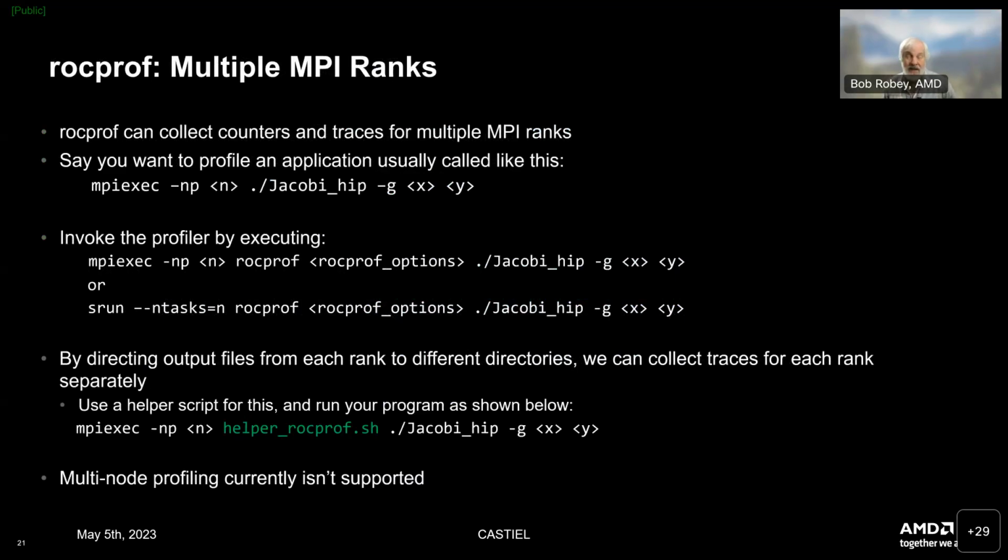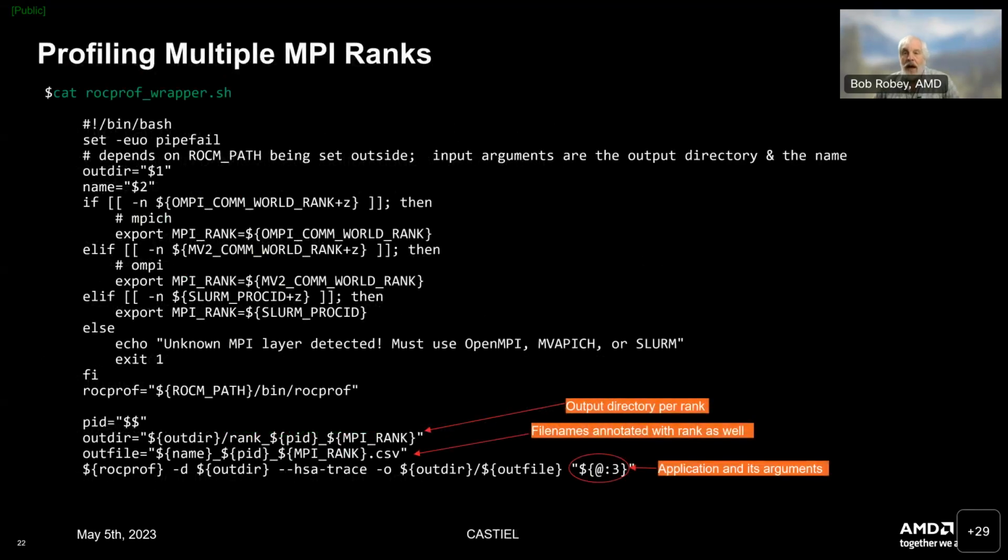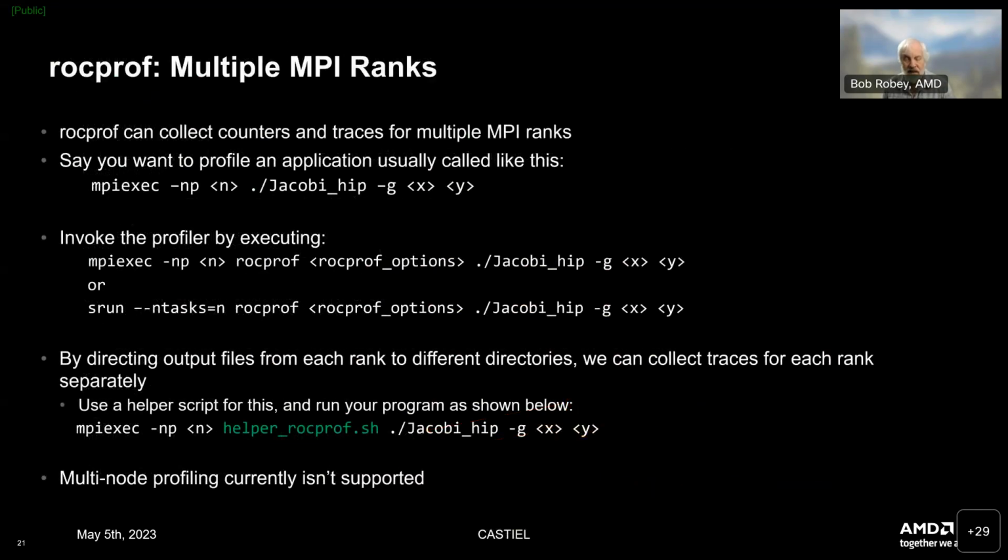I would advise starting out with a single GPU, single node run, so that you're not having to also understand what's happening with MPI, and start with that for your optimization, and then add the MPI after you've optimized the basic kernels. And I should note the last line here, multi-node profiling isn't supported. So this is MPI within a multi-GPU node.